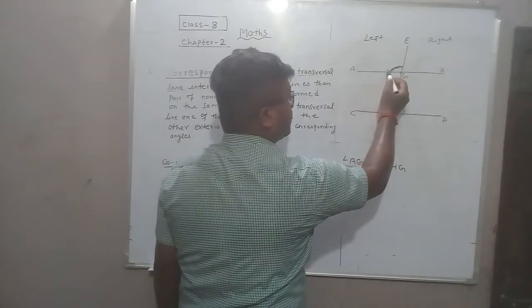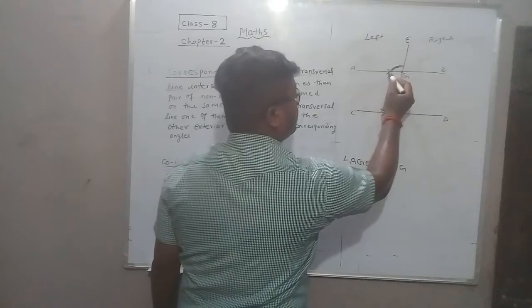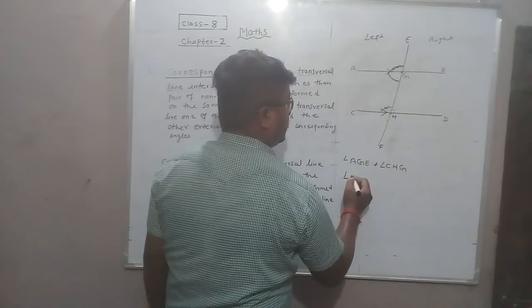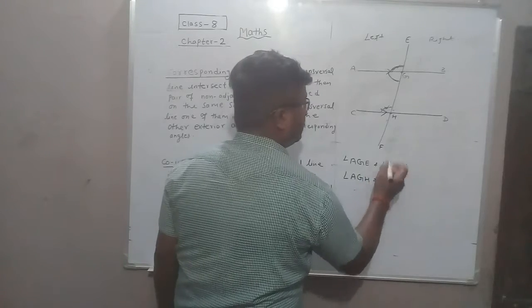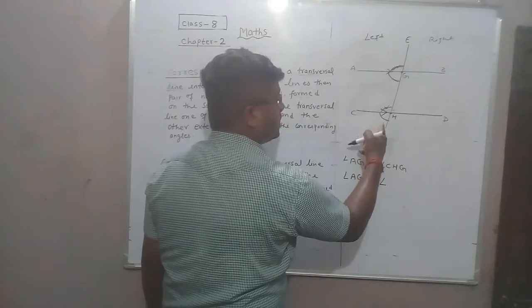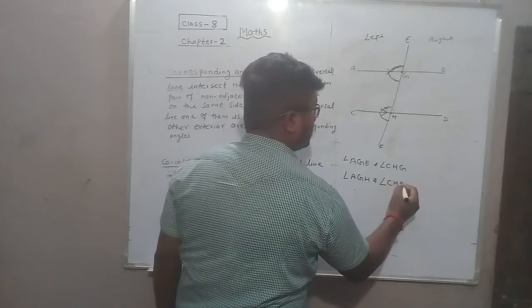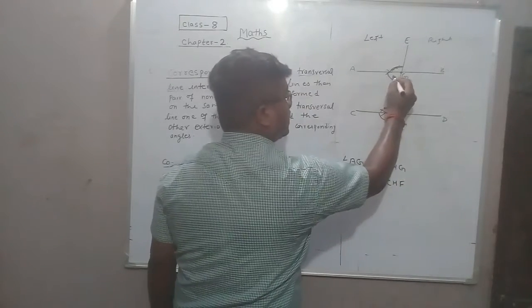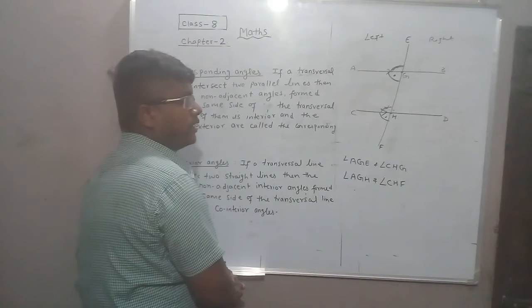Similarly, if we take just below of this, the below angle, that is angle AGH, and the angle below of this parallel line, that is CHF. This angle and this angle are also corresponding angles.